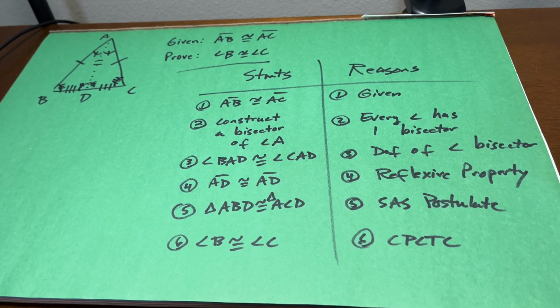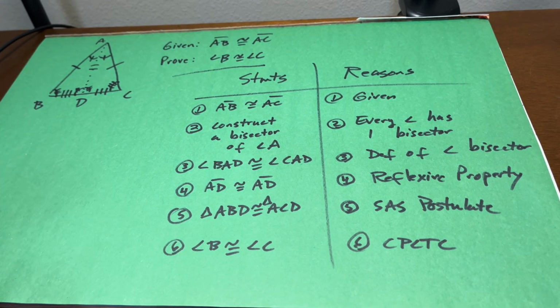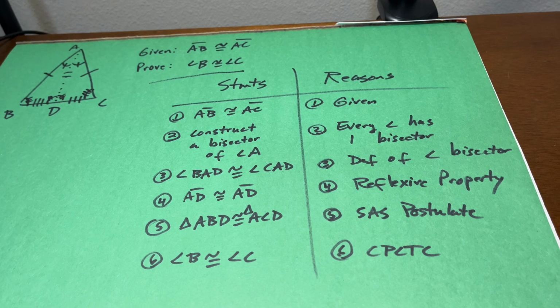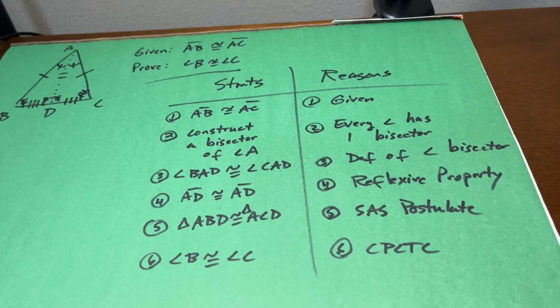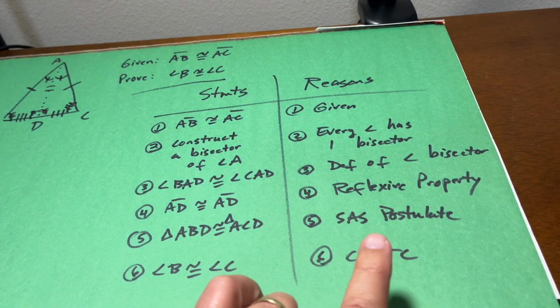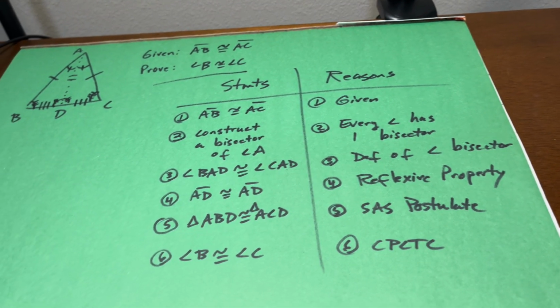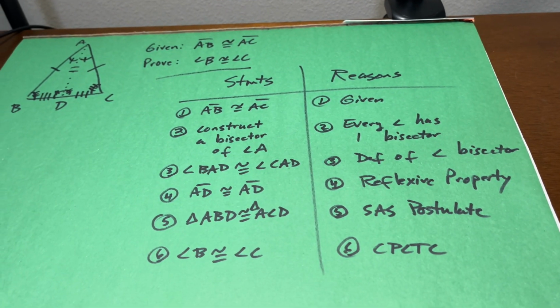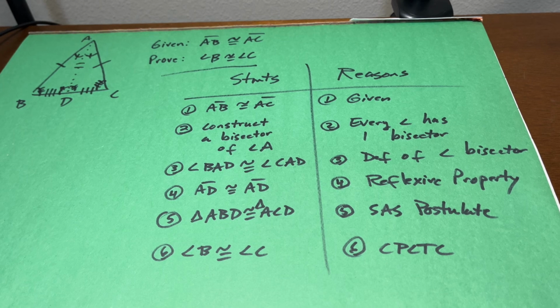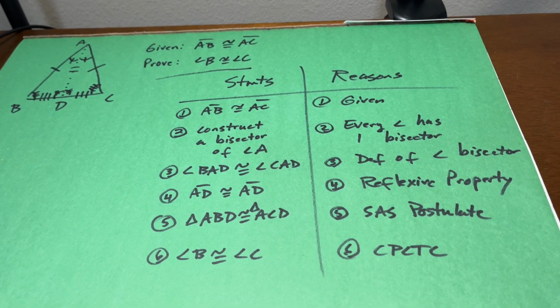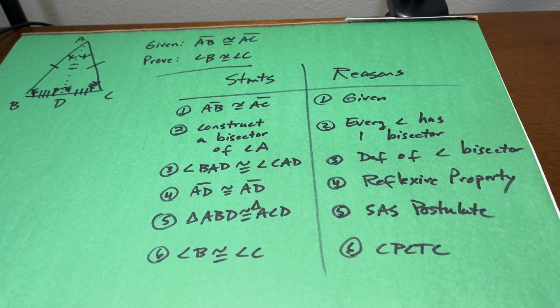But hopefully you get my drift, that you're bringing some reasons to bear on the thing that you're trying to prove. So for geometry, if you don't know the properties and the postulates and the definitions and things like that in the chapter where you're doing proofs, if you don't know those things really well, you're not going to be able to use them. You're not going to bring them to the table when you need them.